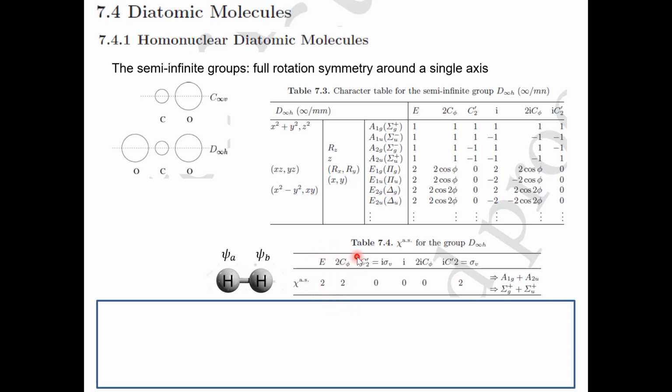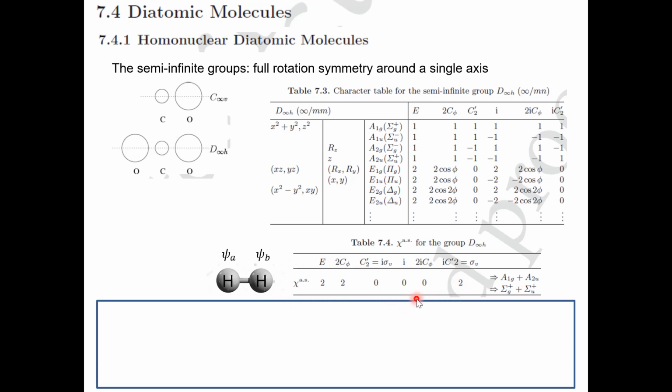For all C phi operations it is also 2. But for the C2 prime rotations it is 0 because you take one atom to the other one. Inversion 0, and for the sigma v reflection, the character is also 2.